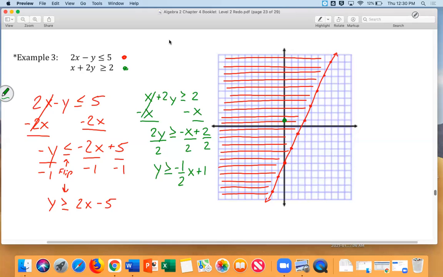So I'm going to put a point at 1, and then go down 1 to the right 2, down 1 to the right 2. And it's a solid line. This says y is greater than, so I'm going to shade above.